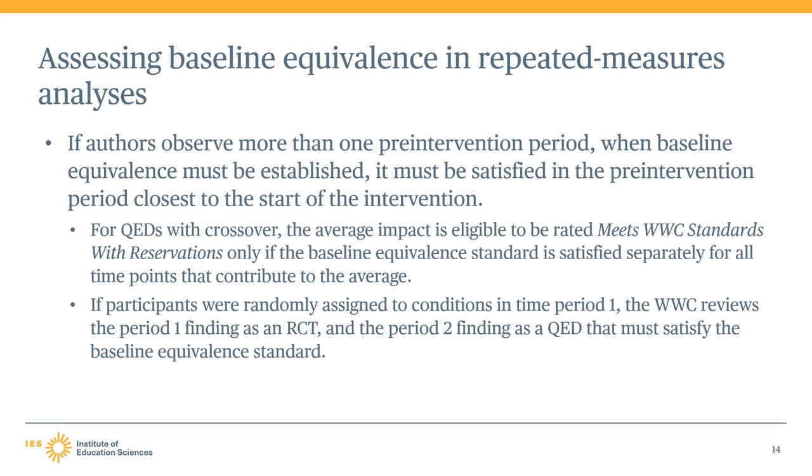Alternatively, if participants were randomly assigned to conditions in period 1, then the WWC will review the period 1 finding as an RCT, while the WWC will review the period 2 impact estimate as a QED that must satisfy the baseline equivalence standard because participants in Group A were exposed to the intervention.